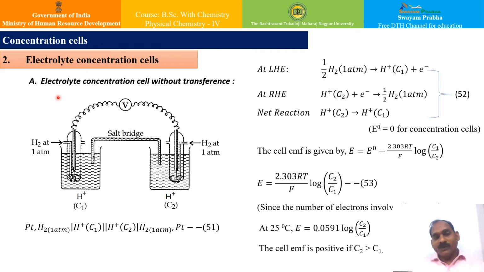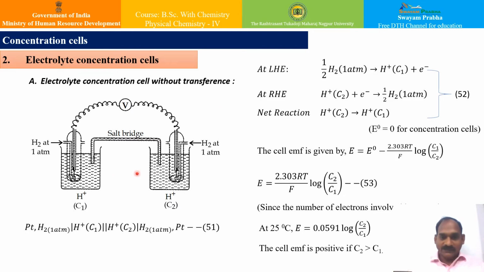One is the electrolyte concentration cell without transference and the other is the electrolyte concentration cell with transference. Let us have a look at the electrolyte concentration cell without transference. In this type of cell, there is no transfer of ion from one half cell to the other half cell, and the two electrodes are separated by a salt bridge.